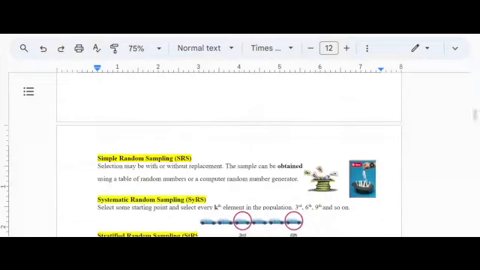It's like randomly selecting. I ask all the girls to put their names on a piece of paper and put it in a hat, and then I close my eyes and pick one name or 10 names out of 26. That's called simple random sampling. The sample can be obtained with or without replacement.